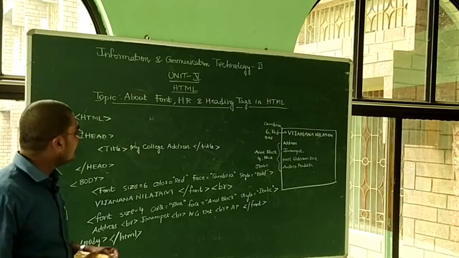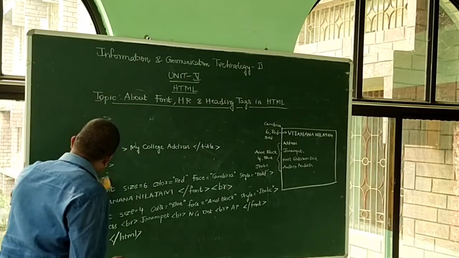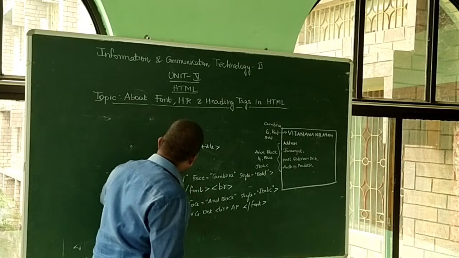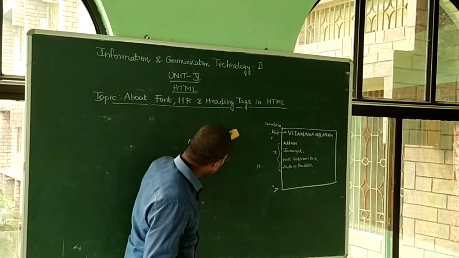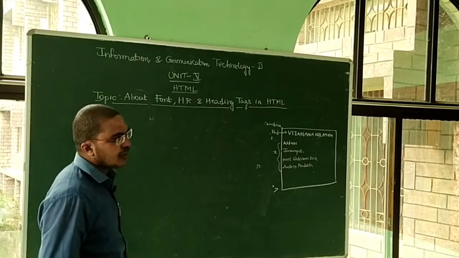Okay, thank you. After completing the font tag, we use the HR tag. What is HR? HR stands for horizontal rule. Why use a horizontal rule in HTML programming?